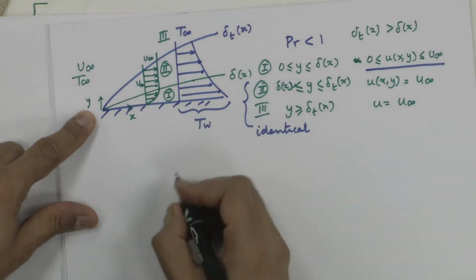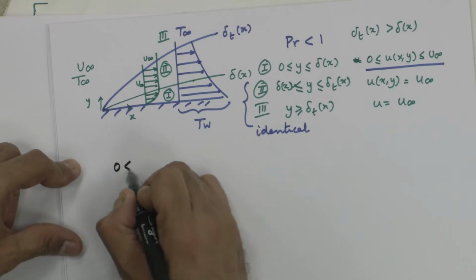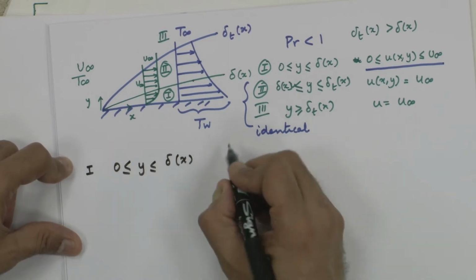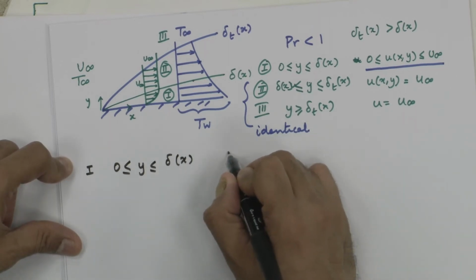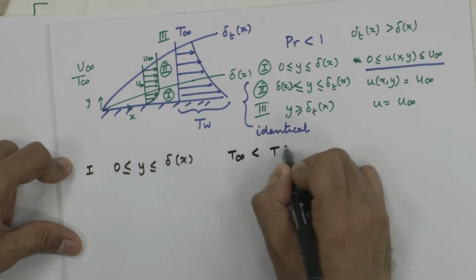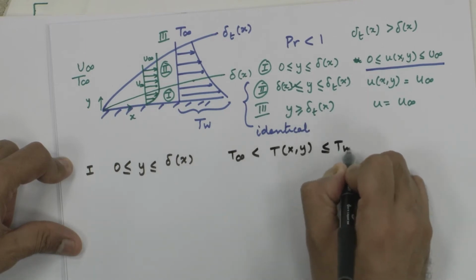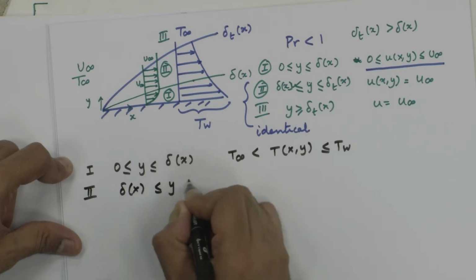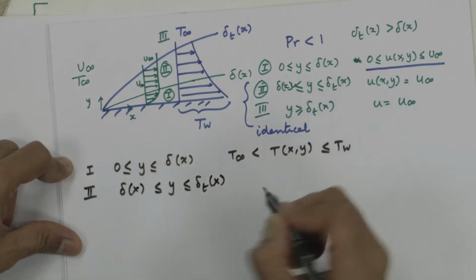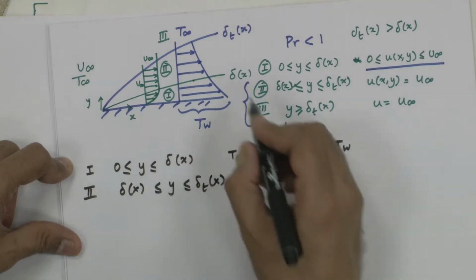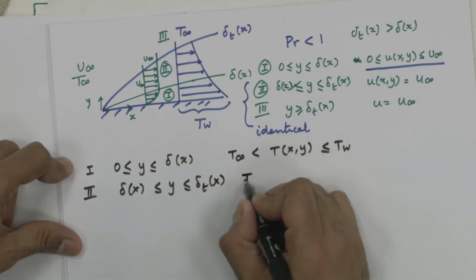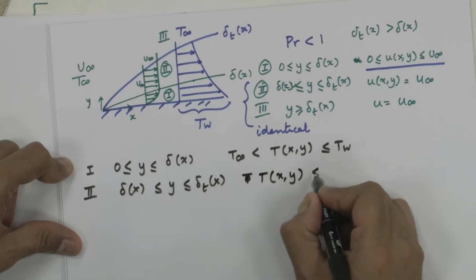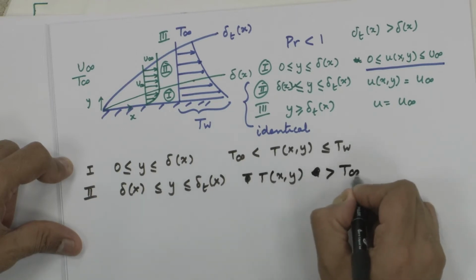Now, if I write for the heat transfer part, 0 less than y less than delta of x, region 1, temperature is varying. T infinity less than T of x comma y less than or equal to Tw. Region 2, delta of x less than or equal to y less than or equal to delta t of x. T is still varying. So, we are in this middle where T of x comma y is still greater than T infinity.